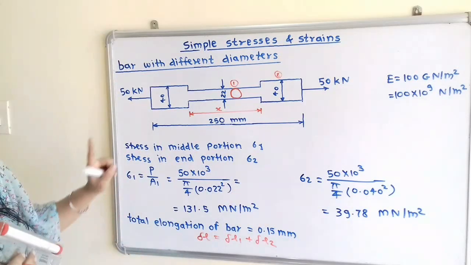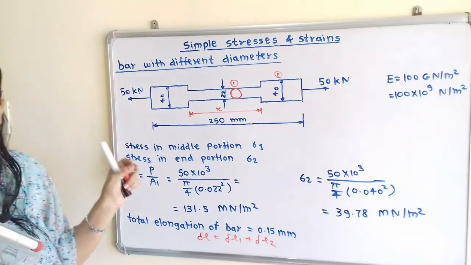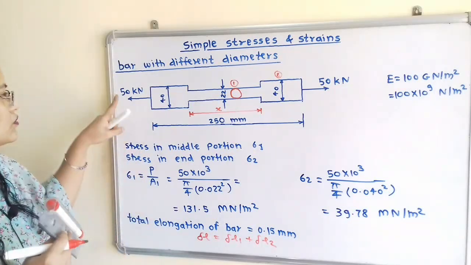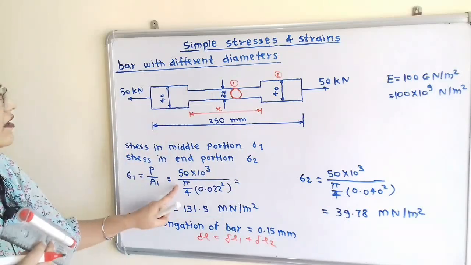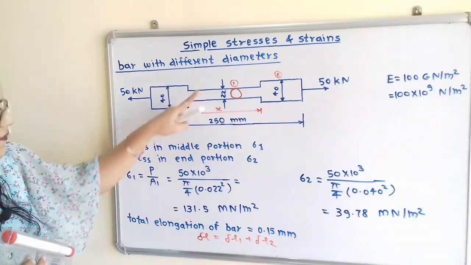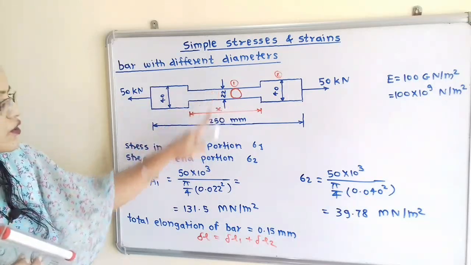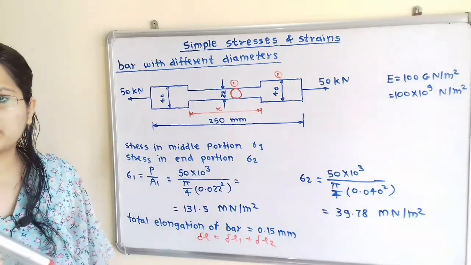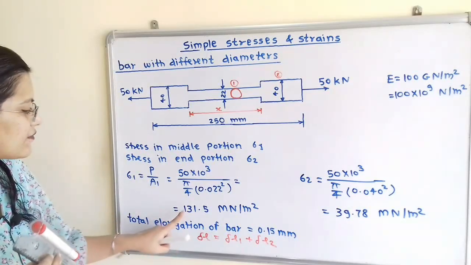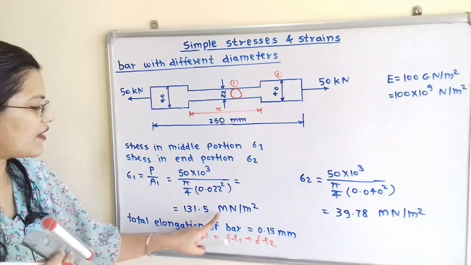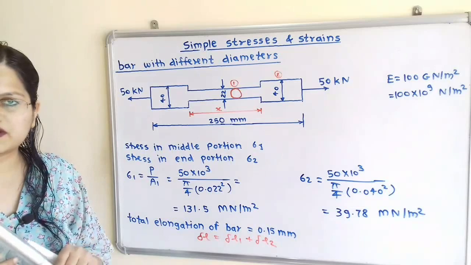In case of sigma 1, we take 50 kilonewton, and the standard unit is Newton, so 50 into 10 raised to 3 divided by the area of the middle portion, A1, which is pi by 4 into 0.022 square. We have to use standard units. It is equal to 131.5 mega Newton per meter square.